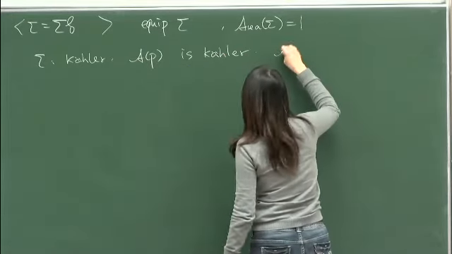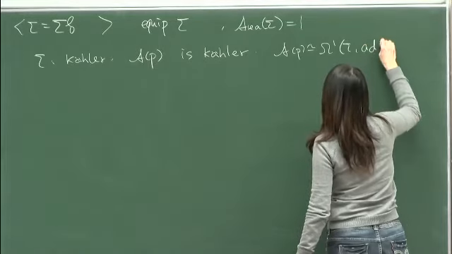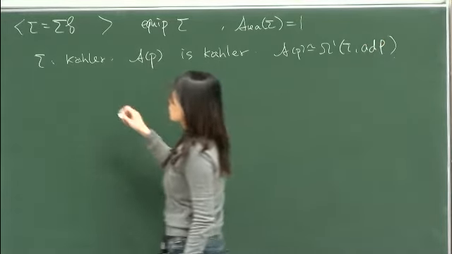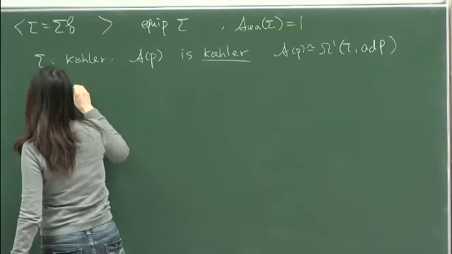We look at A of P as the one forms from sigma to the adjoint bundle. So the Kähler structure is the following.